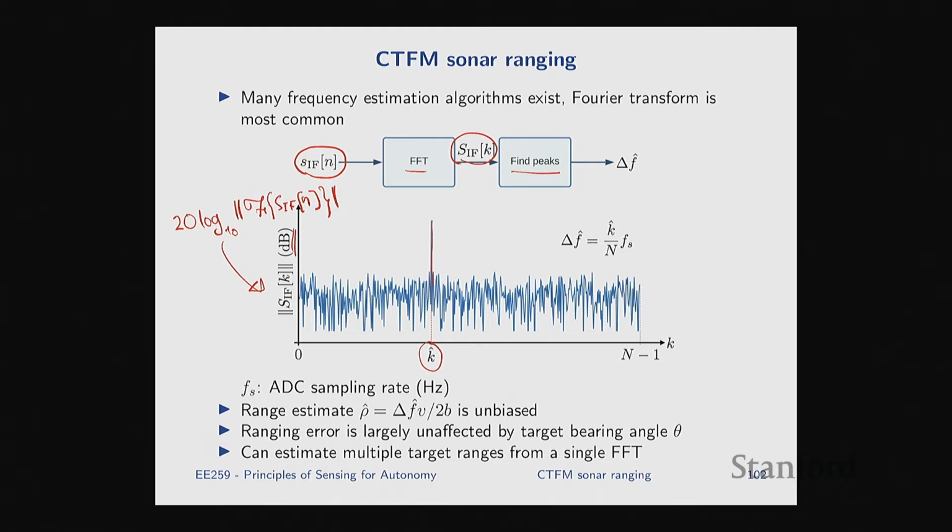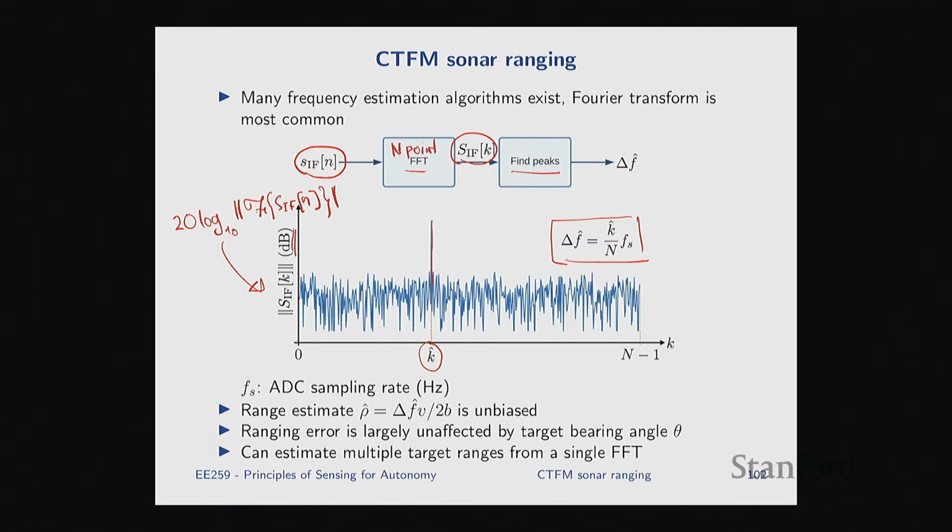How do we convert that to frequency? Well, this simple formula, right? As you know from Fourier transforms, you get an index. But to go from the index to the actual frequency in hertz, all you need to do, if one chirp after the ADC had n samples in it, so we are taking an n-point FFT here.